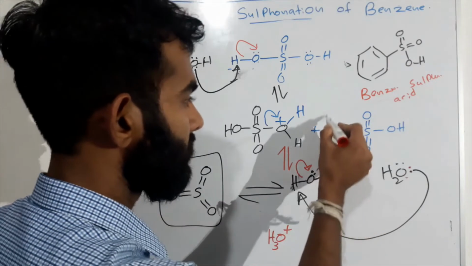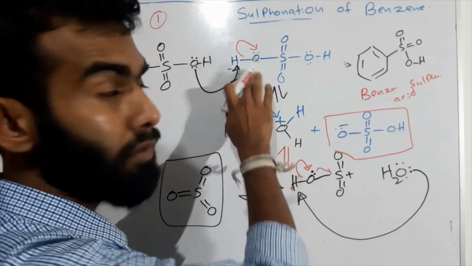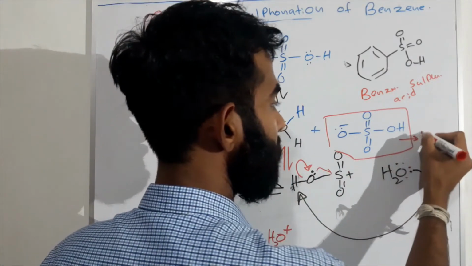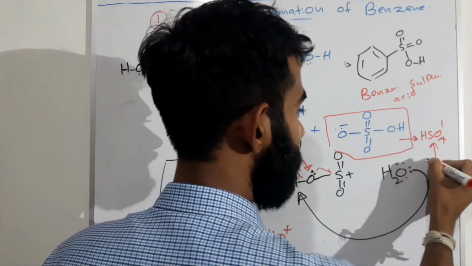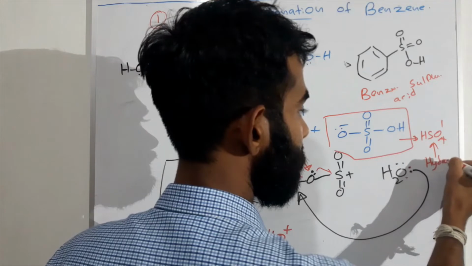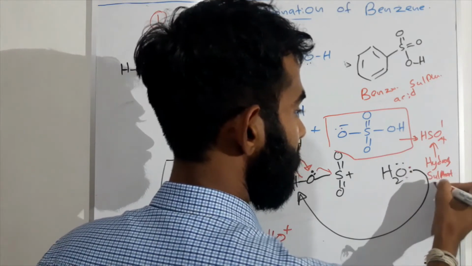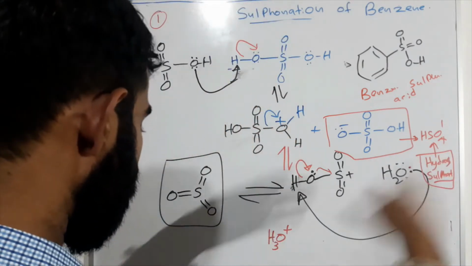This sulfuric acid loses one hydrogen, so in short form it is HSO4 minus. This means hydrogen sulfate formed. So these are the basic things.